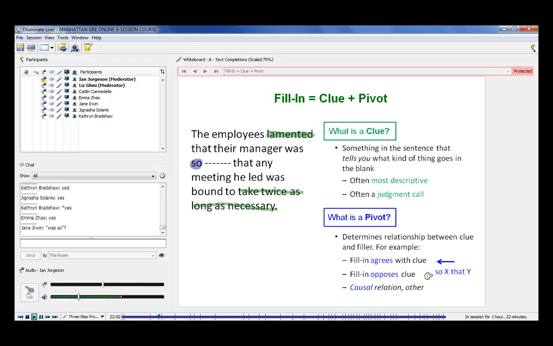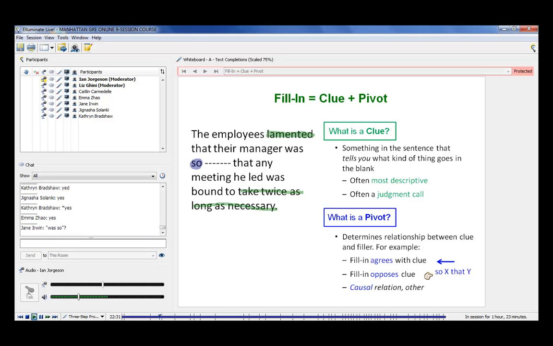In other words, they're not exactly opposite or the same, but they explain to us how things are connected, how one thing causes the other, or how if one thing occurs, then another will also happen. But the classic set of pivots are things like however, yet, but that tell us it's the opposite, or so, or a comma, or an and that tells us it's in the same direction.